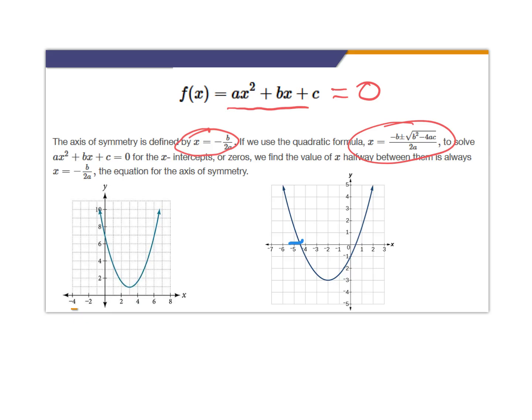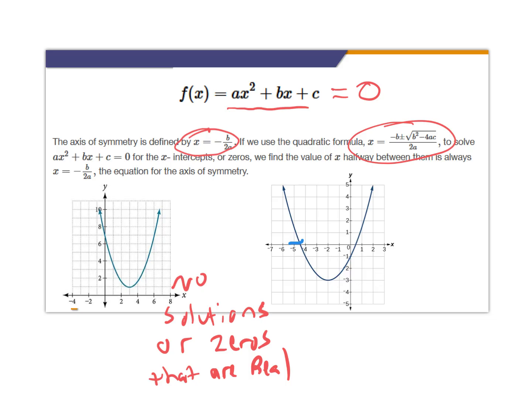Well, good news on this first picture. I don't know if it's good news or not, but there are no solutions or zeros, however you want to call them. There are none because it never crosses the x-axis. But we can still use the quadratic formula, as I should say, no solutions or zeros that are real.